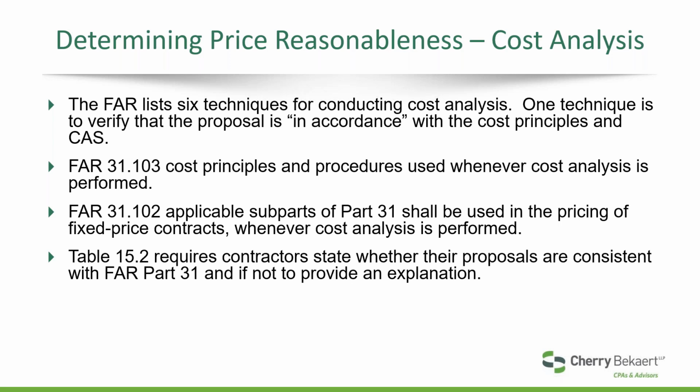And in regard to firm fixed price contracts, FAR 31.102 says that the applicable parts of Part 31 are to be used in pricing of fixed price contracts whenever cost analysis is performed, i.e. when certified cost or pricing data or data other than certified cost or pricing data are required. Now, 102 goes on to state that the government doesn't have to reach agreement with the contractor on every element of cost included within a proposal for a firm fixed price contract.